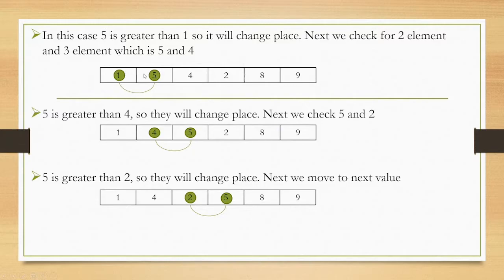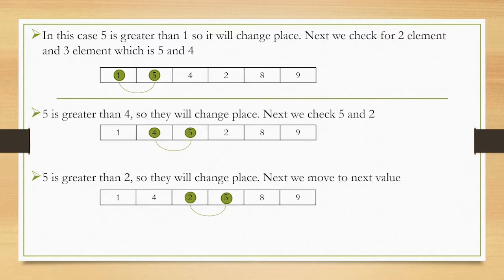As you can see there, it swaps the places and then moves on to the next elements, which are 5 and 4. 5 is greater than 4, so they will change places again. Next, we check the next elements, which are 5 and 2. 5 is greater than 2, so they will change places again.